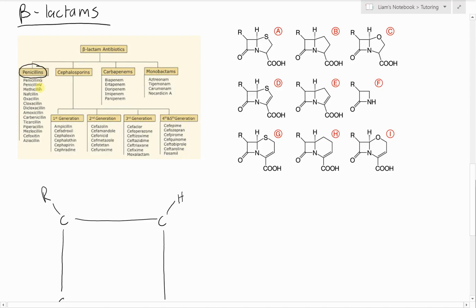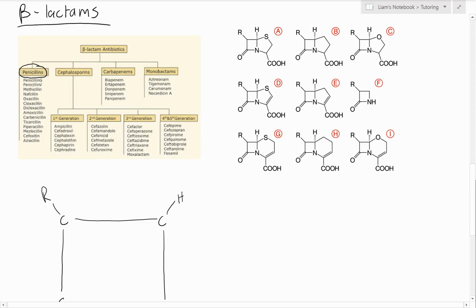Penicillin G in particular was discovered growing in a petri dish, produced by a fungus, and it was noted that when the fungus grew in the petri dish, there were no bacteria growing around it. They did a lot of work, isolated the compounds the fungus was secreting, which eventually became penicillin G, then was modified to give penicillin V, and so on and so forth.